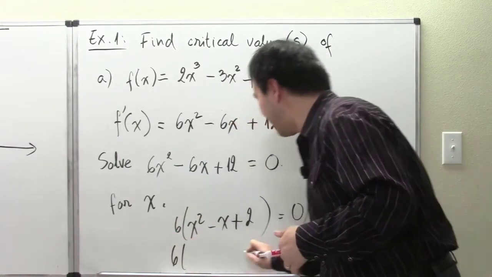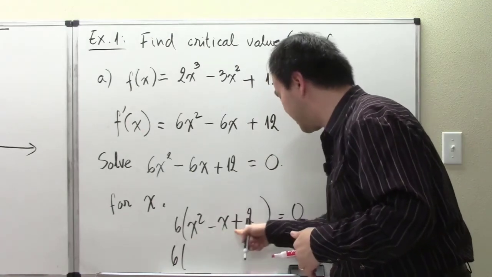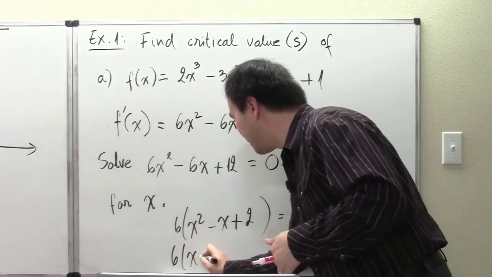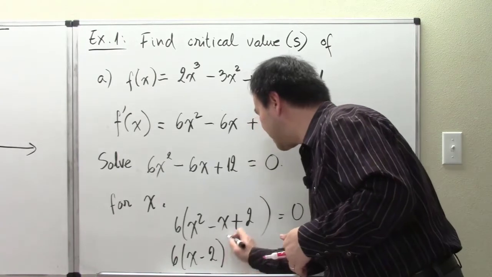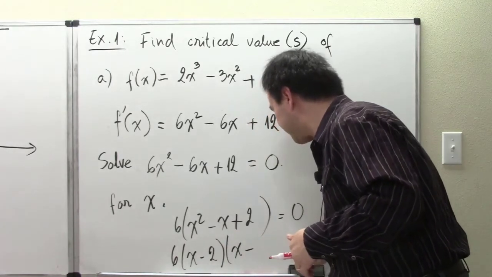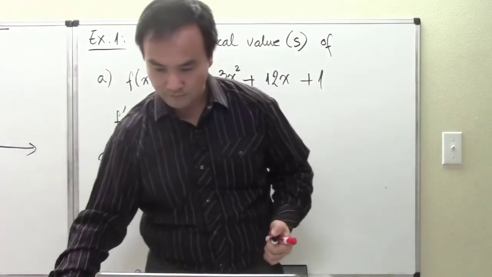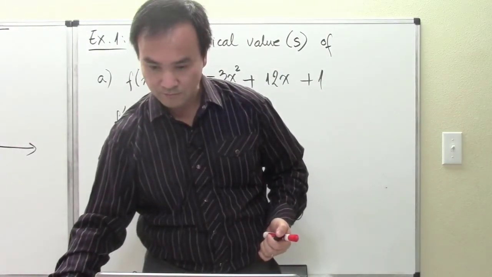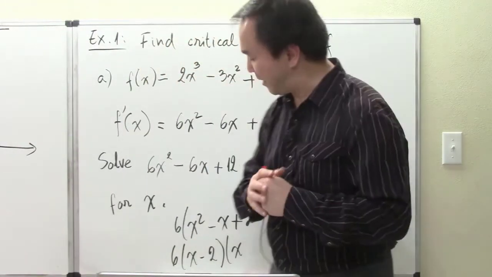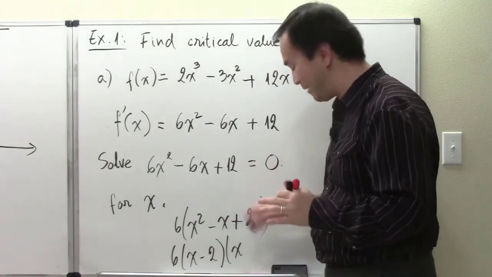So 6, and now I'm going to factor this, x squared minus x plus 2, into x minus 2 times x. Okay, and I apologize for this, but there is actually something I have to fix here.